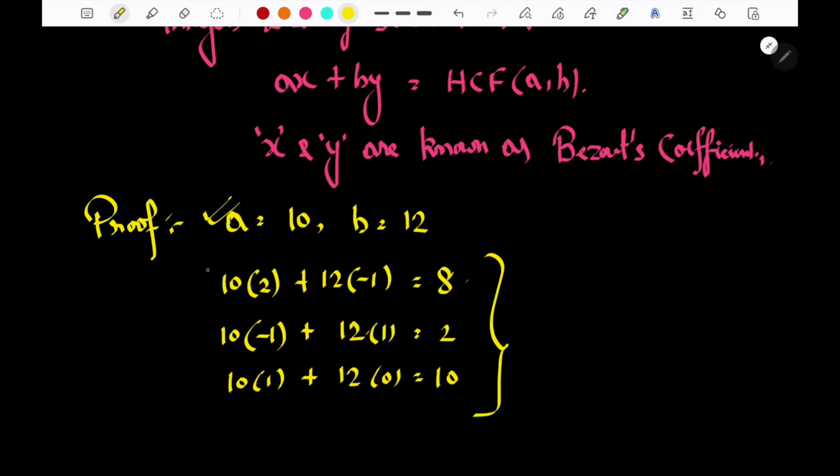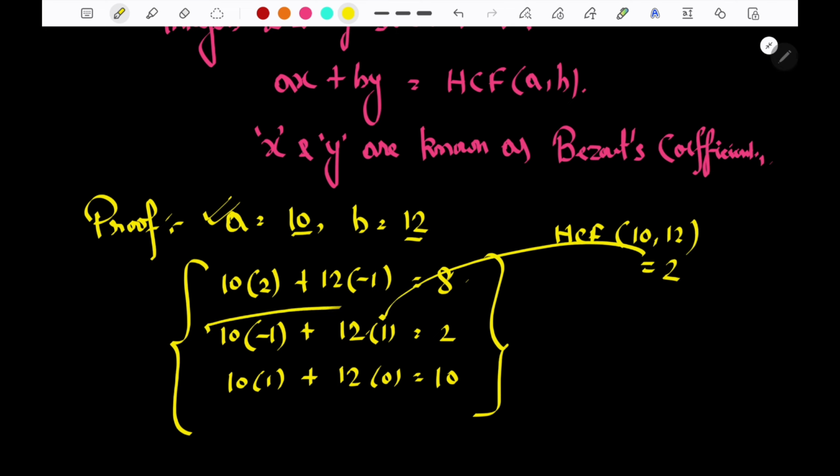What minimum value can we achieve using 10 and 12 with integral coefficients? We are saying HCF of 10 and 12, which is 2. So this is the minimum value that can be achieved. But how?